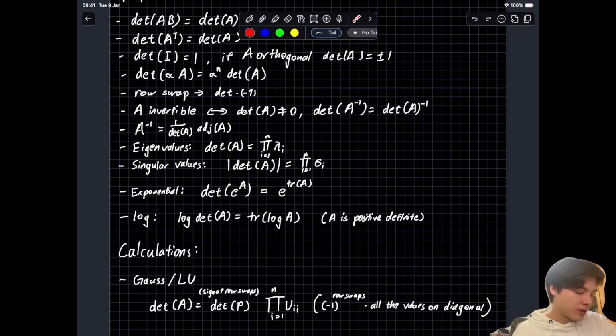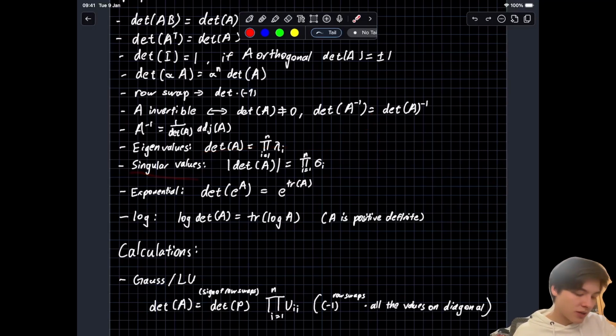In regards to the eigenvalues, the determinant of A is just the multiplication of all the lambdas, because if you think about it, if we have the eigenvectors and one scales by 2 and the other scales by 1, it stays the same, then in the end our volume scales by 2. Or if it's 2 times 2, the volume increases by 4. If one side is times 2 and the other side times 2, it's times 4.